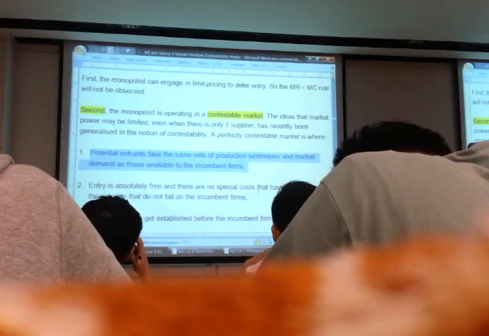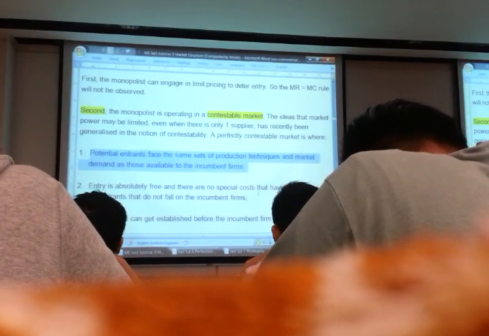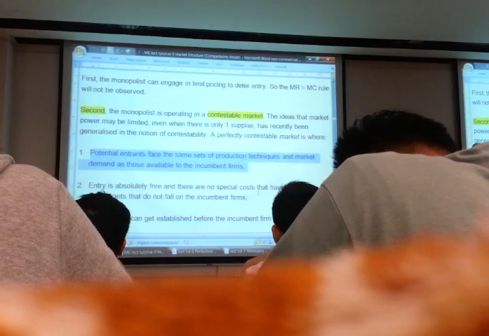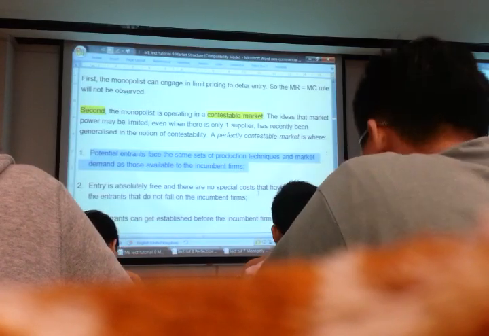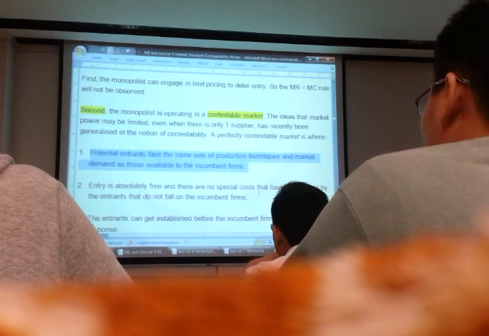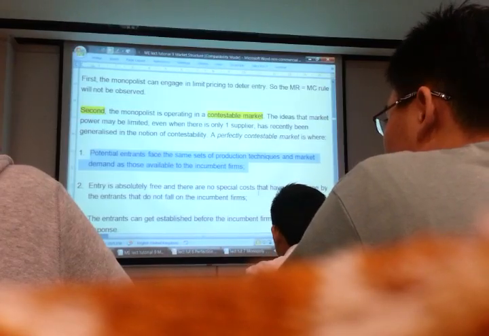That means the new entrant has the same technology, same cost. Now, if you come across a potential entrant at a similar cost, if not lower, then I don't think you can use underpricing. The reason is that if they have the same cost advantage as you, you would have to purposely sell below cost. So when StarHub comes in, M1 comes in, Singtel cannot do very much.